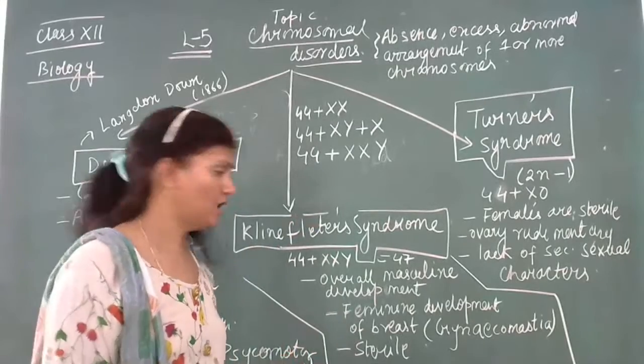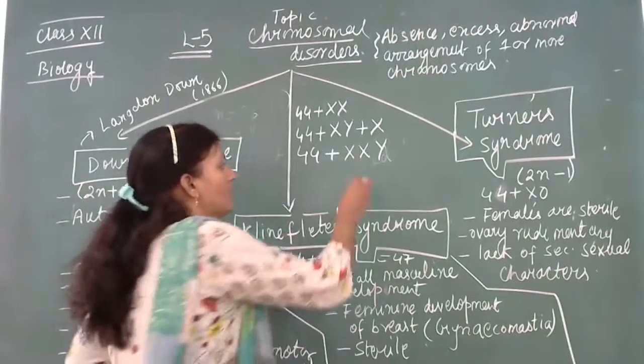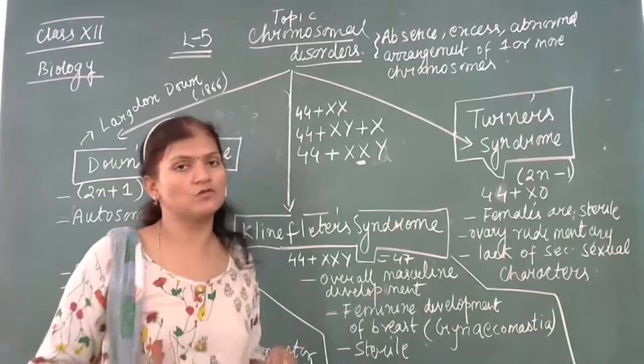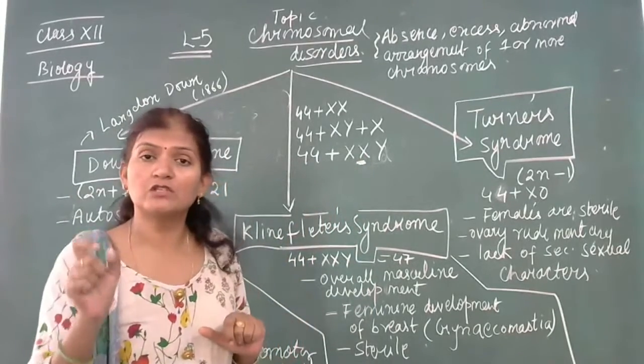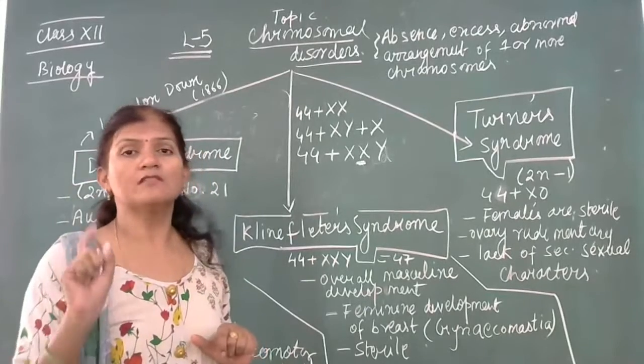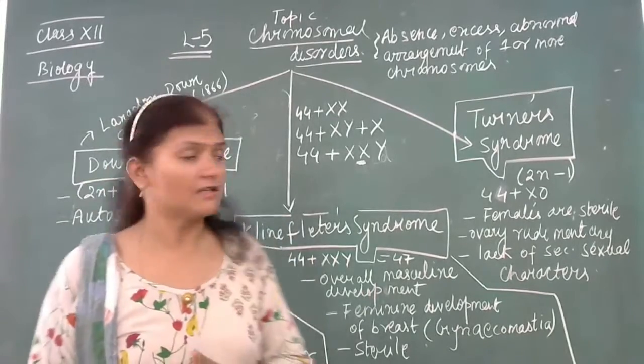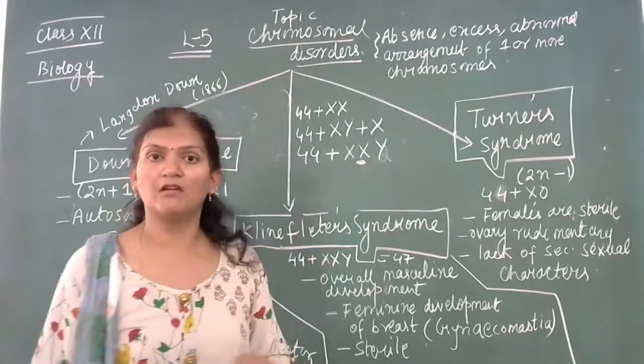But what happens since there is an extra X chromosome? And you all know that if double X are there, then it leads to female characteristics, because the X chromosome forms the female characteristics, and that too they are present in pairs.